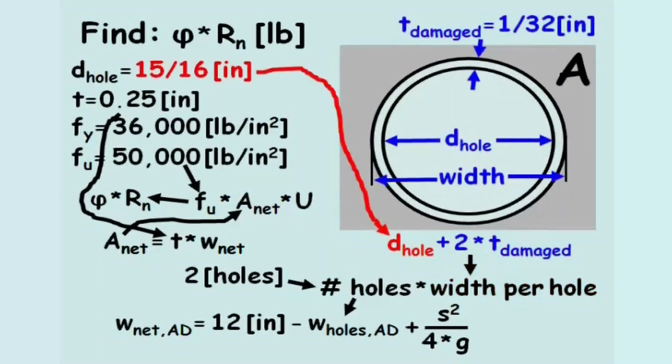The problem statement provides the diameter of the bolt hole as 15/16 of an inch, and we've been provided the damage thickness equals 1/32 of an inch.